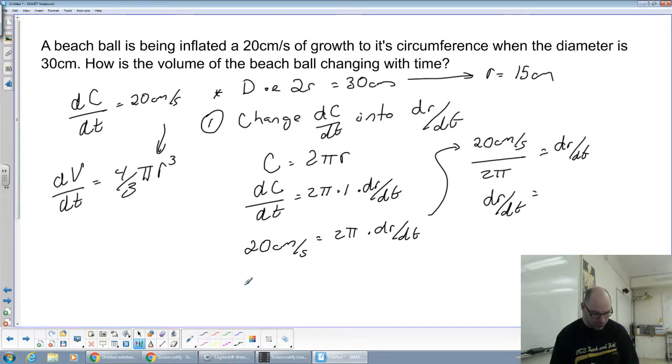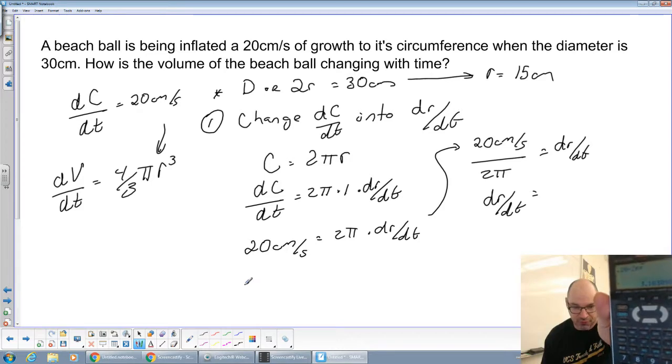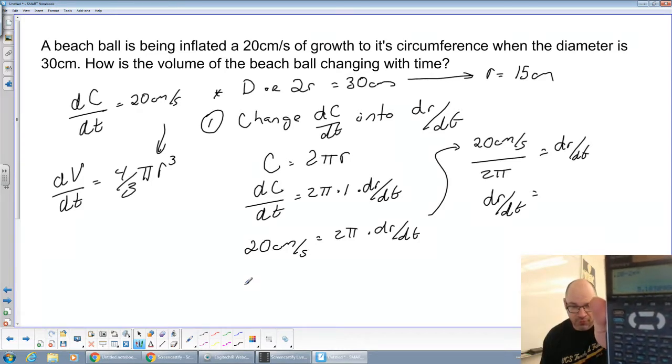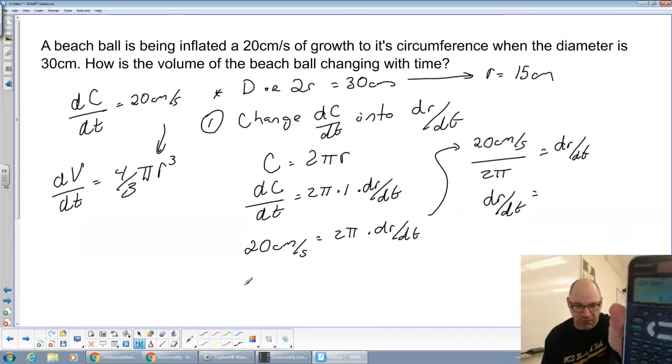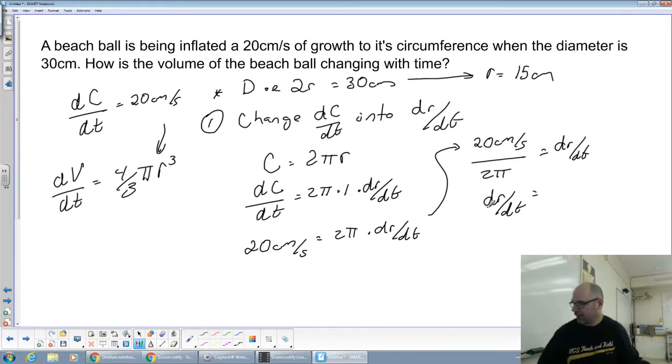On the calculator, you get 3.18. So we'll say 3.18 centimeters, or we could go 3.2 centimeters a second. That should be good enough. So change it into that.